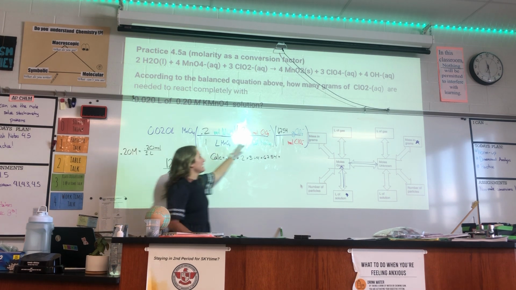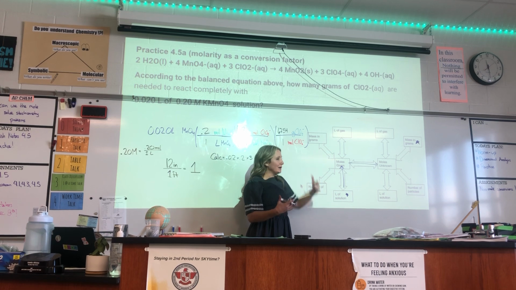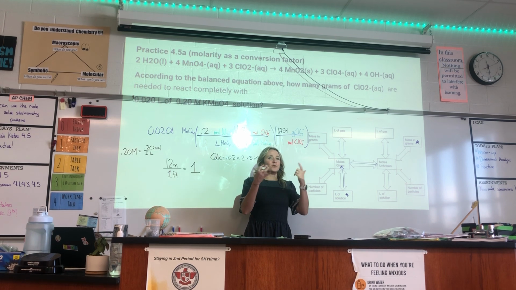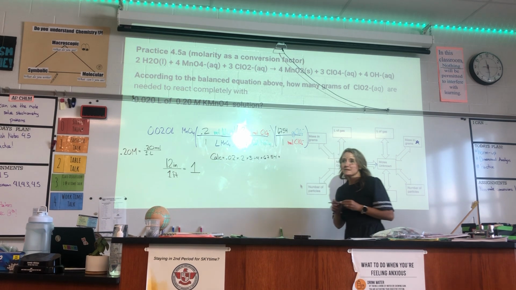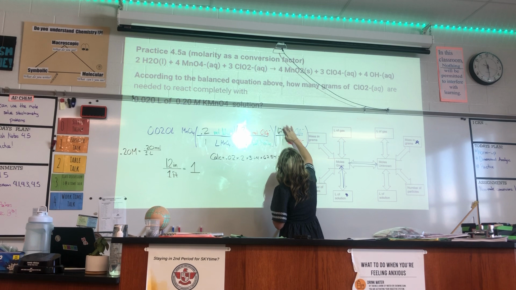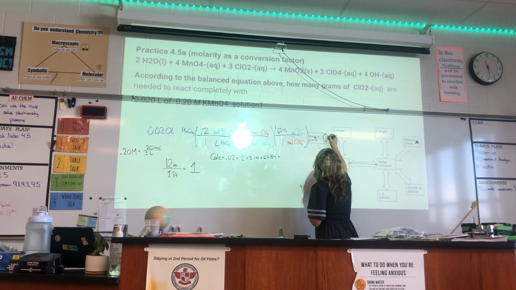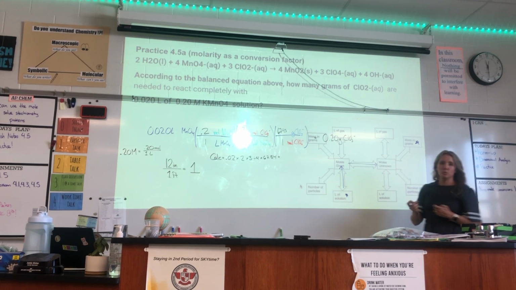Some people like to times the whole top, times the whole bottom, and then divide them. That also works. Just be cautious with your order of operations when you're doing the math. And then I believe with sig figs we get an answer of 0.20 grams, which is weird because there are so many 2's in this problem.